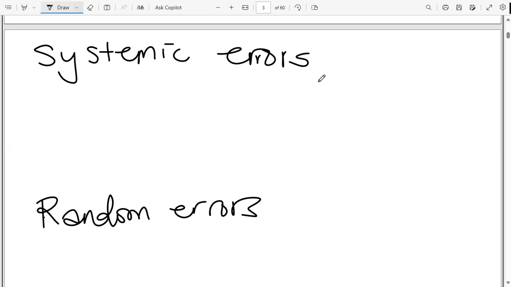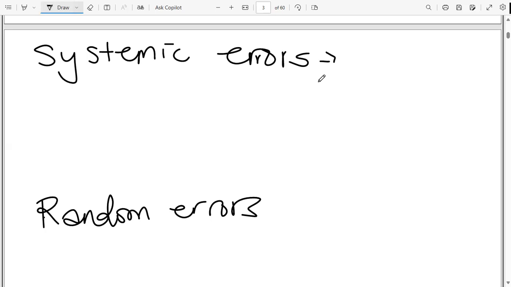But today's class, I'll only describe these errors in theory, and I'll focus mostly on calculations when it comes to uncertainty.